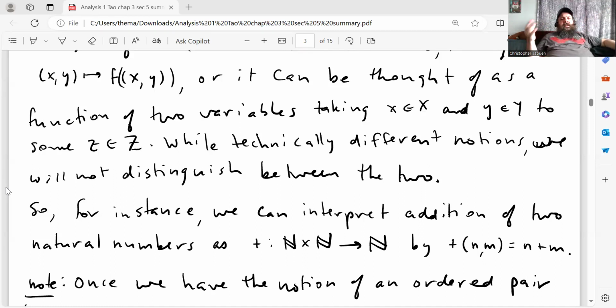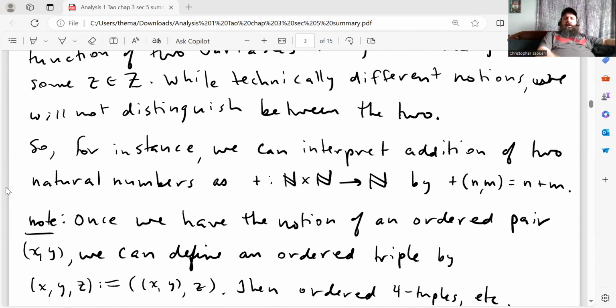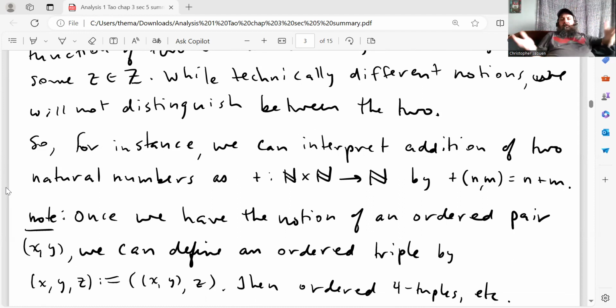In some sense they are the same thing, in a very technical way. But we'll get to that, I'm assuming later on in the book. But anyway, for instance, we can interpret addition of 2 natural numbers as a function from the natural numbers Cartesian product with the natural numbers to natural numbers, where the sum of n and m is n plus m. Okay, so that's a function of that type.